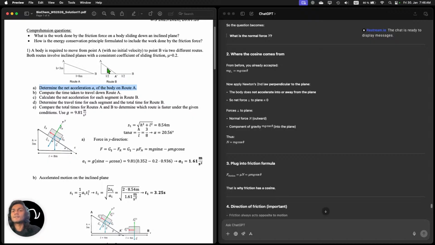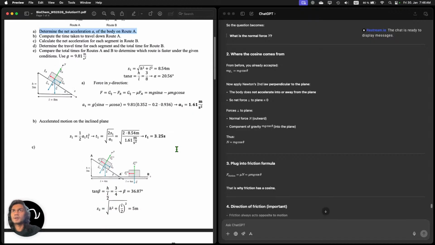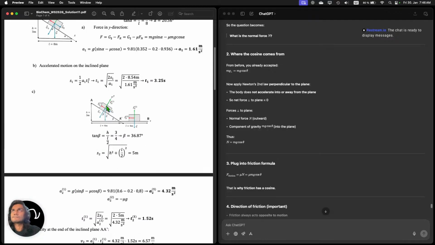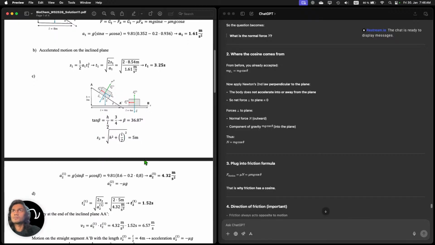So here the angle is going to change. Is it better to find the angle itself? Yep, they did find the angle. So A1, no, A2 what?